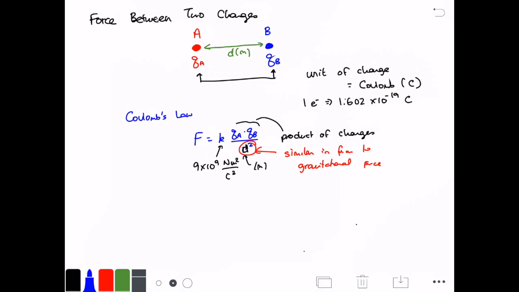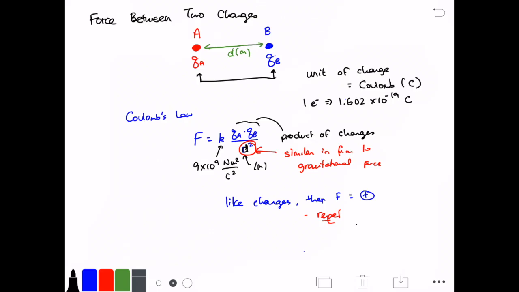The other thing you note is this. If I have two positive charges or two negative charges, then the force is positive, and if the force is positive, they repel each other.